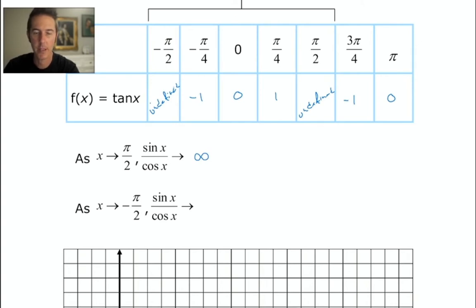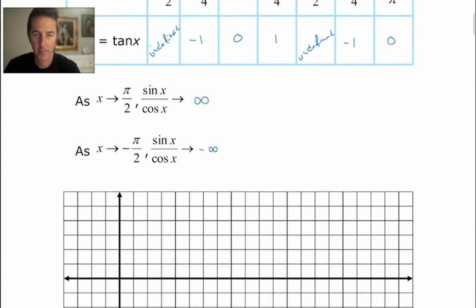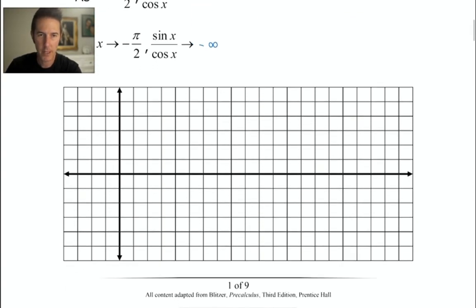We're going to look at it graphically in a second. As our x values move from right to left out of the origin, our tangent graph is going to dive down, and our y values are going to start moving very rapidly in the direction of negative infinity. Let's see what that looks like.